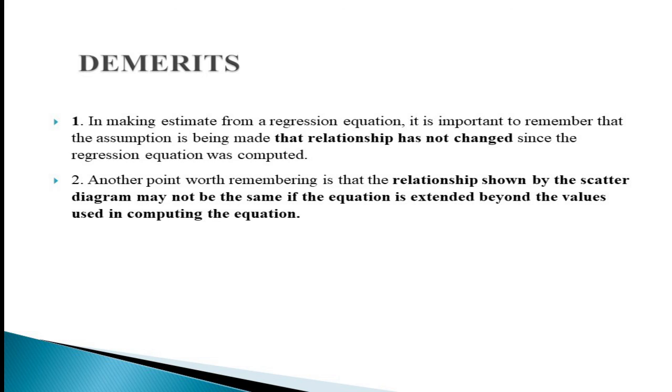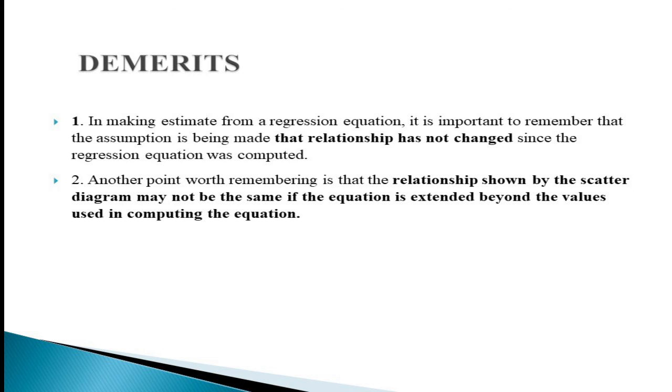And one more thing is, the relationship or correlation can be shown by a scatter diagram also. The relationship shown by the scatter diagram may not be the same if the equation is extended beyond the values used in computing the equation.